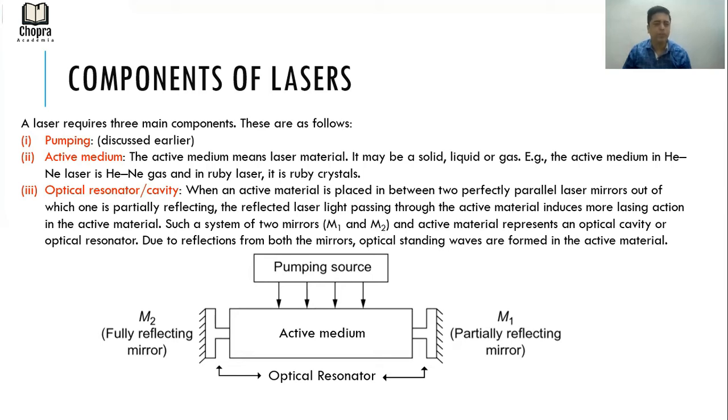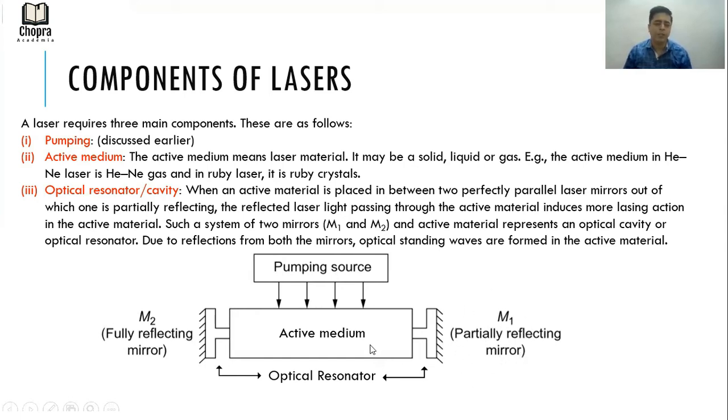So you see, one of the mirrors is fully reflecting, one of the mirrors is partially reflecting. You may ask why? Because ultimately the light has to come out of some place. As I said earlier also, the laser can be assumed as a black body radiator, so it contains all the radiations within it.